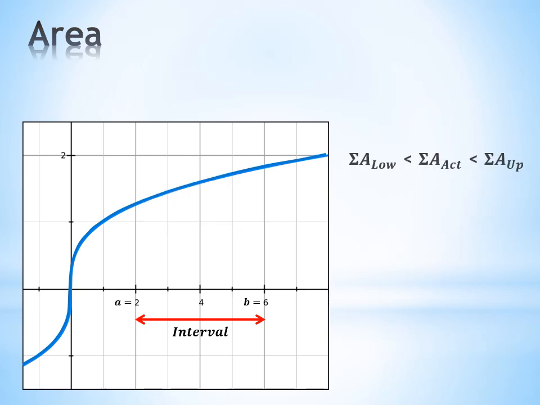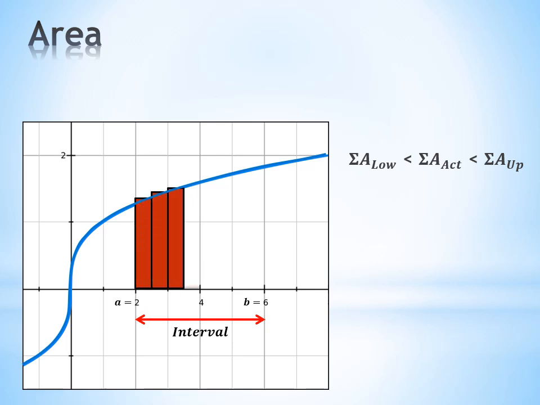So essentially what integration, what calculus does, is it takes that upper area and that lower area and squeezes them, making smaller and smaller intervals until you can get the actual area as the width of each one of those little pieces approaches 0, which means the number of areas is going to be infinite.